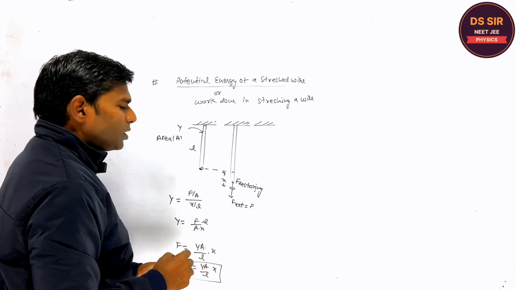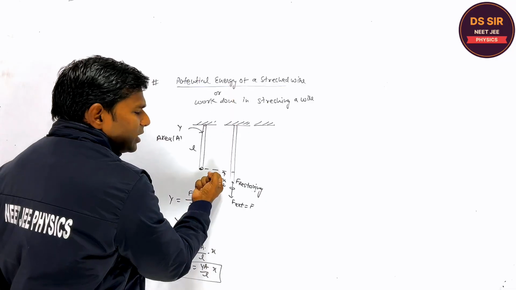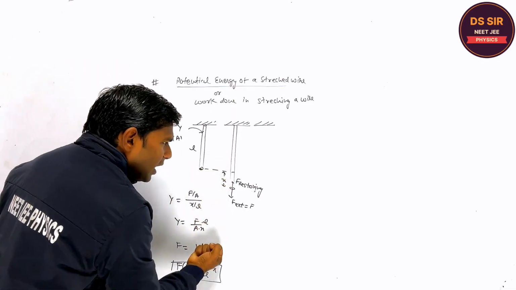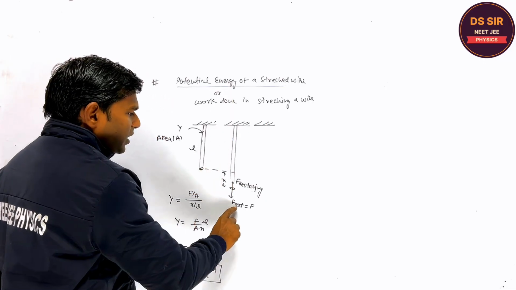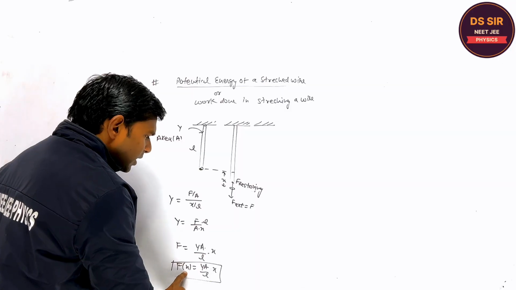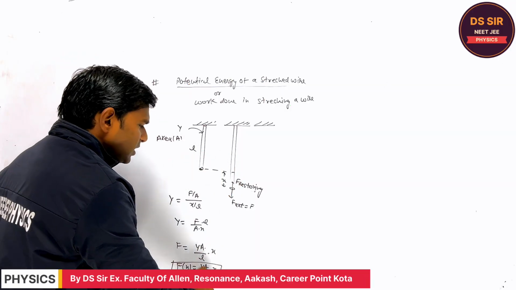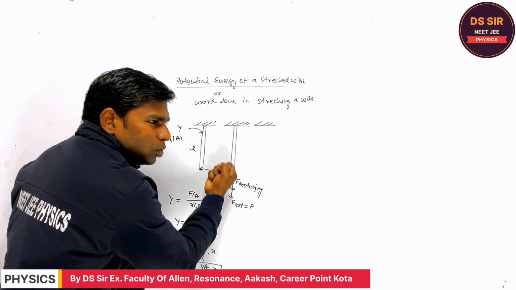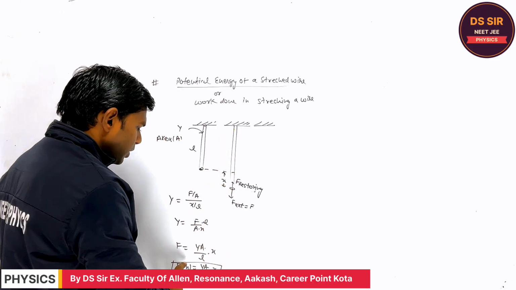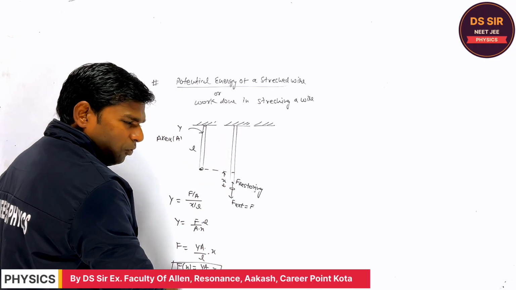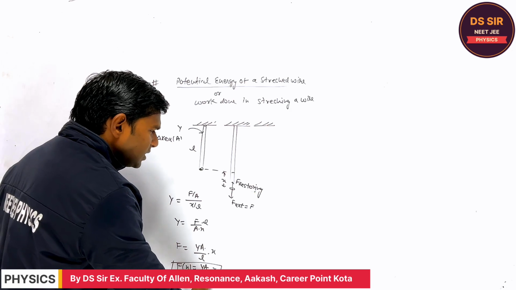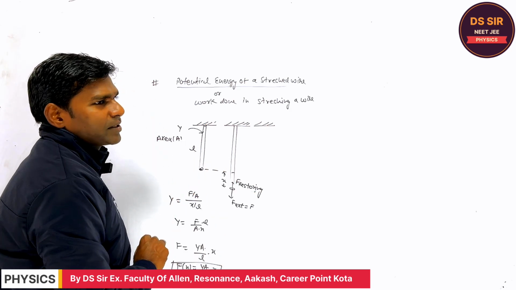What does it mean? To increase the length of this wire, the force depends upon the elongation, as a function of x. So if you are doing some work, you have to apply the force, and this force is variable as a function of x.